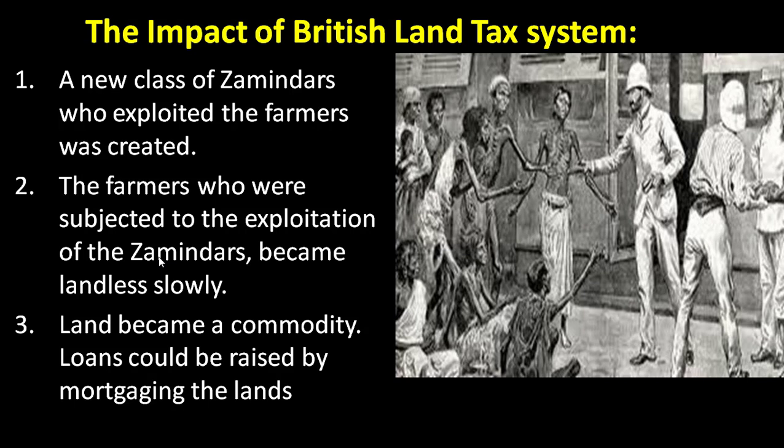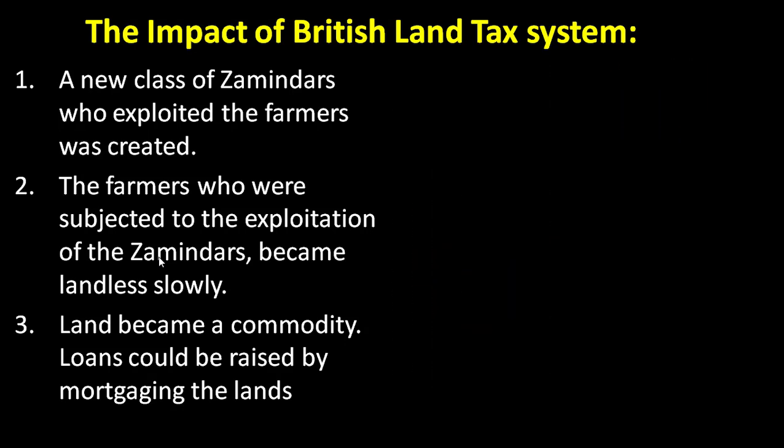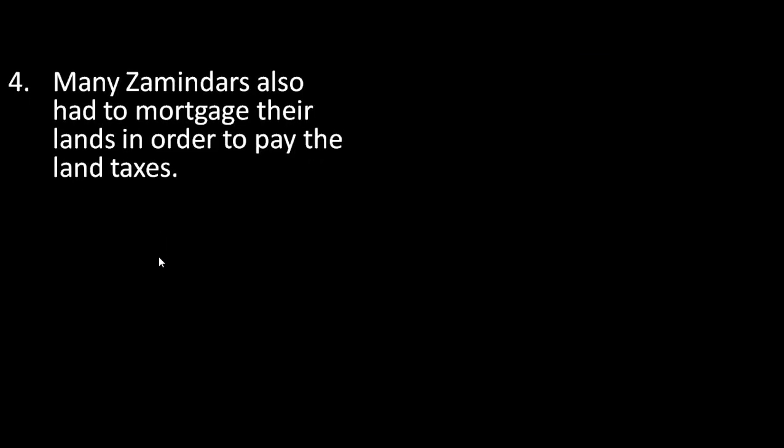Land became a commodity, and loans could be raised by mortgaging the lands. That was one of the very cruel conditions created by the impact of the British land tax system.